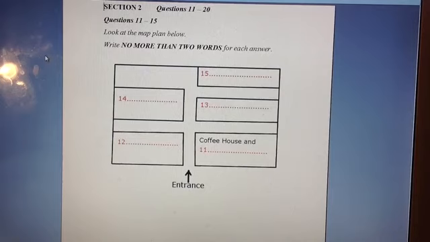We read the instructions, look at the map below, write no more than 2 words for each answer. Just that. The same goes with this map labeling task here that you may come across. Just be careful of the words limit, so it kind of reminds you of note completion tasks.